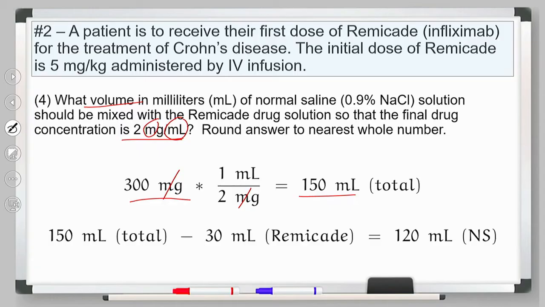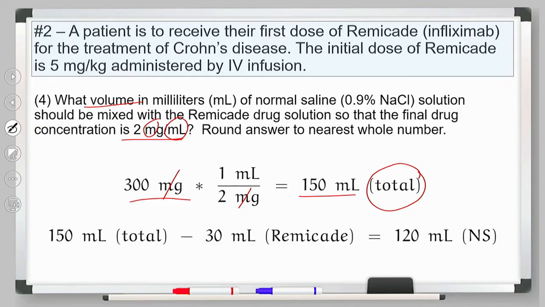If I have 300 milligrams, what is 300 milligrams divided by 150? 300 divided by 150 is 2 milligrams per mil. So I basically found the volume, 150 mils, that when I divide into my dose gives me my desired concentration. In this case, no more than 2 milligrams per mil. So that's the total, but I want to emphasize total. I need my 300 milligrams in a total volume of 150 milliliters.